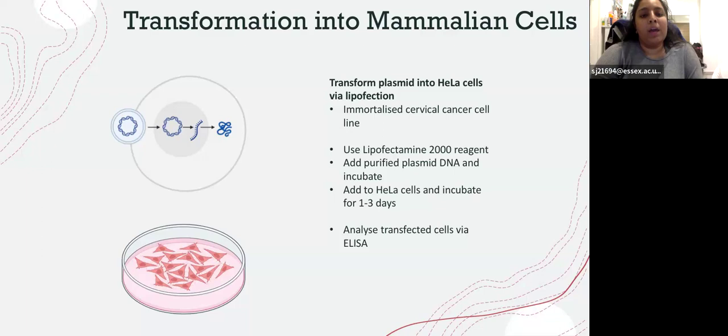Then I'll add the mixture to some plated HeLa cells and incubate it for 1 to 3 days. After this time, the cells should have taken up my plasmid DNA, and it will be ready to analyze via methods such as ELISA.